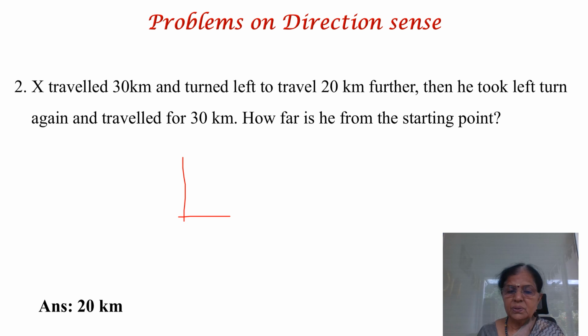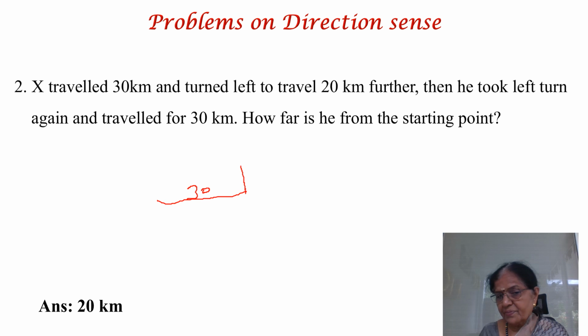Okay. So now let us start. Suppose I start from here. He traveled 30 kilometers this way, this direction. 30 kilometers. And he's going this way. And he turned left. See, facing this side, this is left, right?